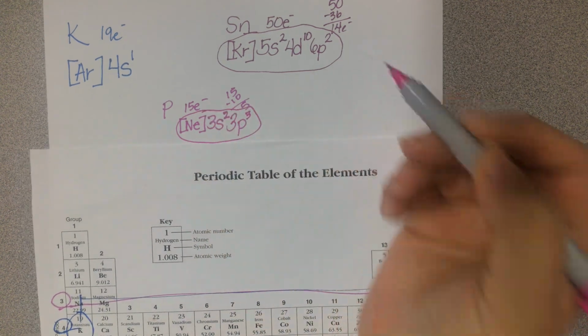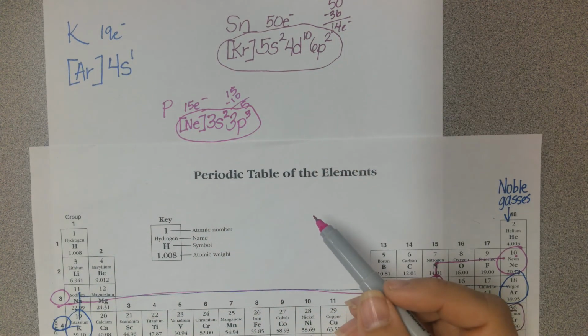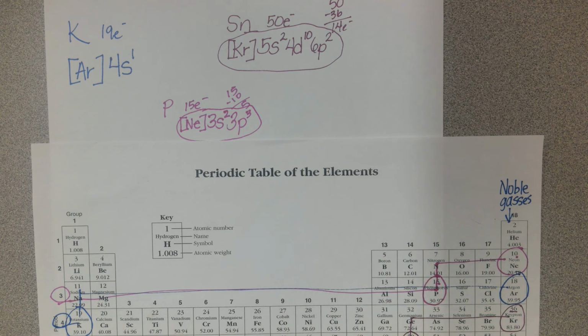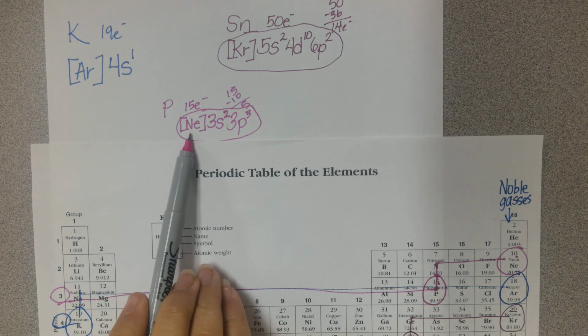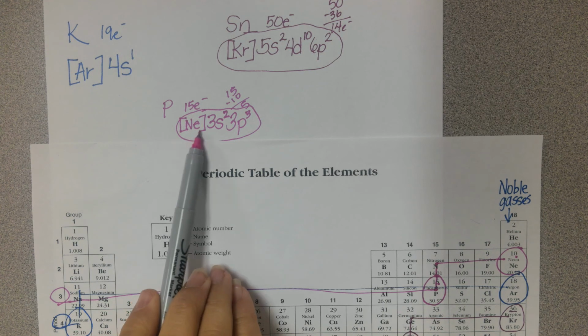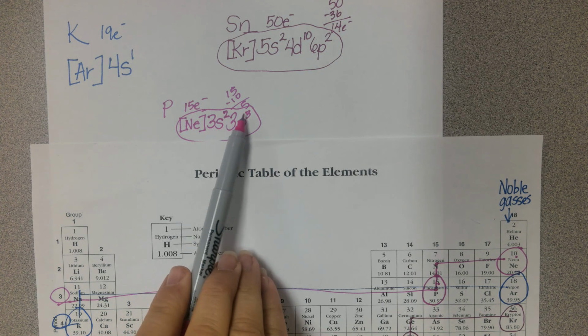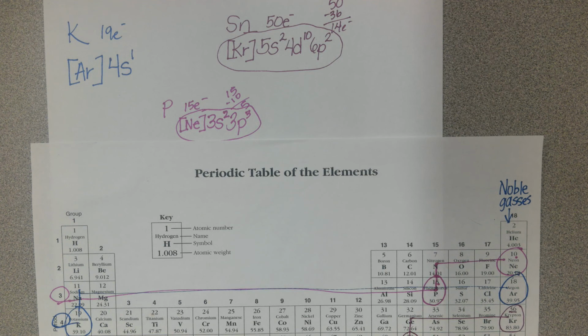And so Ne 3s2 3p3 is phosphorus's shorthand electron configuration. So 10 electrons are represented by neon. That's the first 10 electrons in phosphorus, plus 2 plus 3, and that gives me my 15. So that's how to do the shorthand or noble gas core configuration.